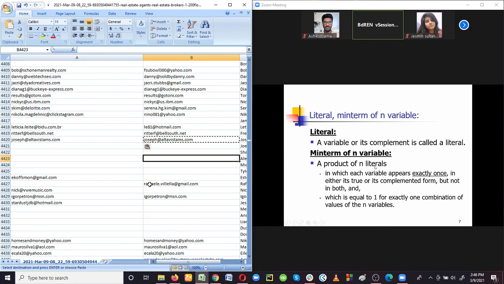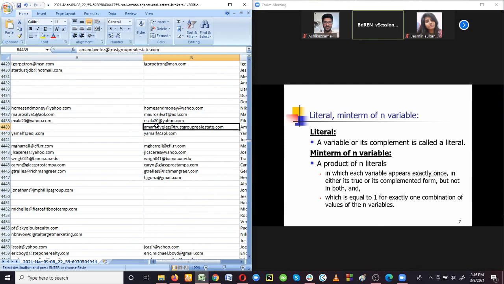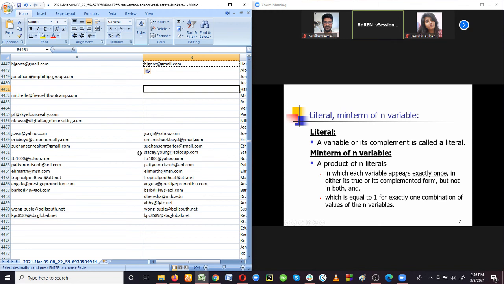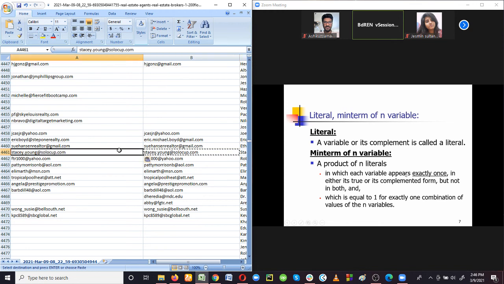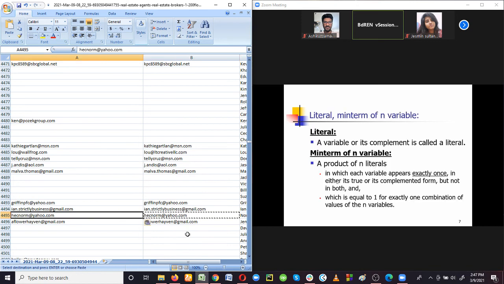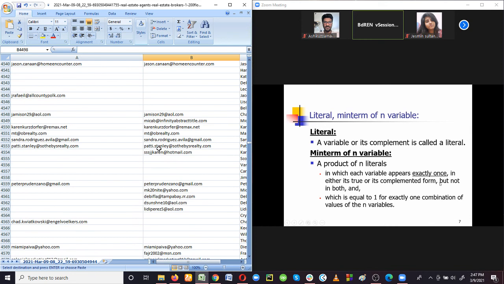Min term means a product of n literals is called a min term. There are some characteristics of a min term, in which each variable appears exactly once in either its true or its complement form, but not in both.